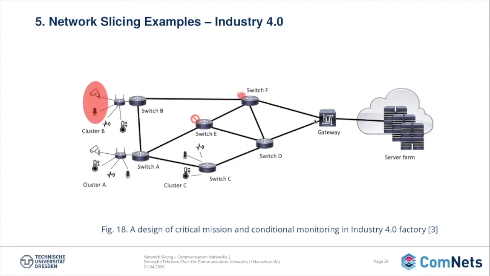The second example is the Industry 4.0 use case. Considering the industrial IoT context, hundreds of thousands of sensors are distributed in the factory to collect the status of machines and factory conditions. These sensors are also networked to enable access and collaboration.